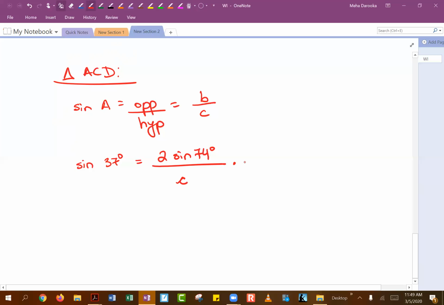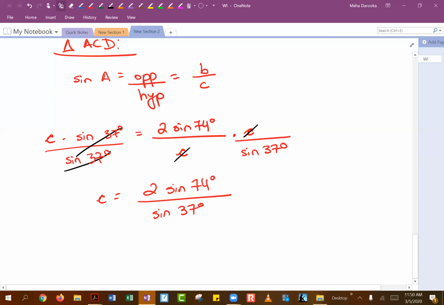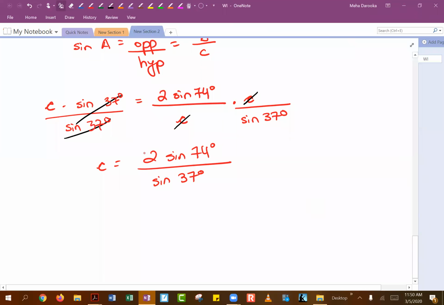So with my method, as you can see, we'll need to multiply both sides by c, so we can get c by itself, and then divide by sine of 37 degrees. That should end up giving us c equals 2 sine of 74 degrees divided by sine of 37. So again, if you're typing this at one time in your calculator, just make sure you're putting parentheses around the numerator and denominator.